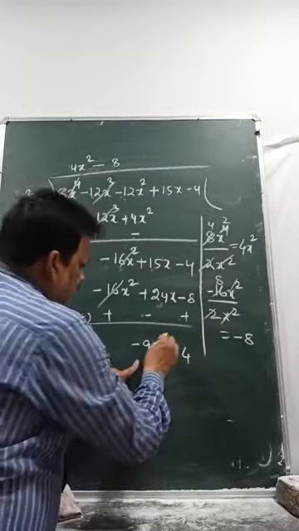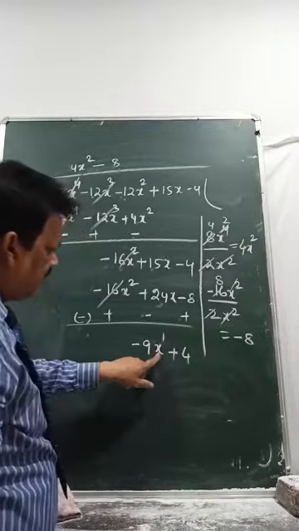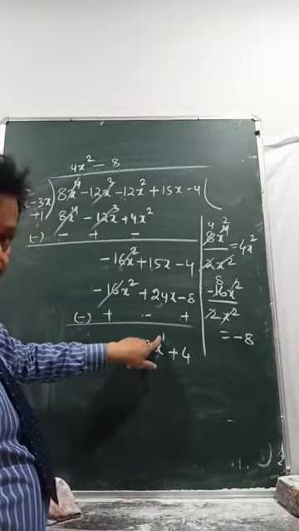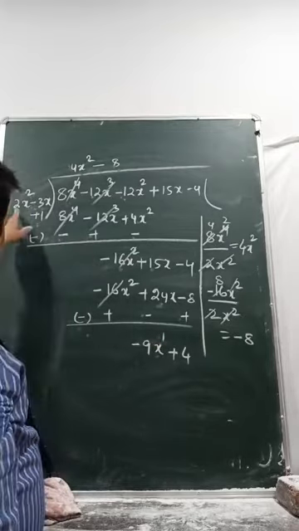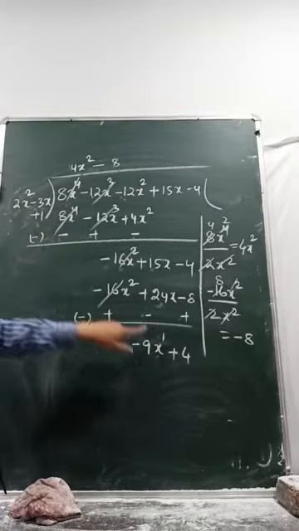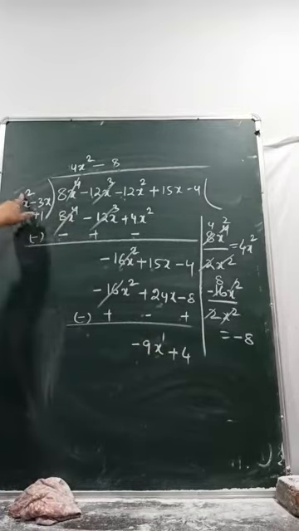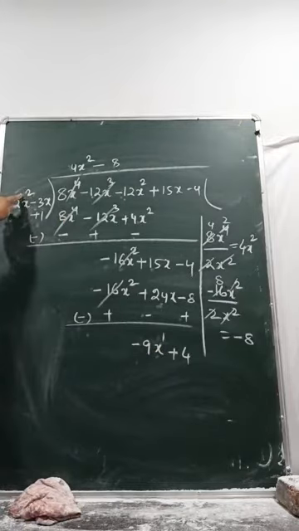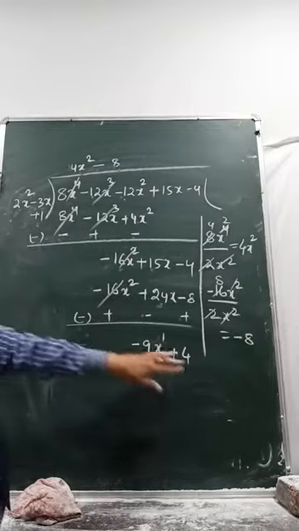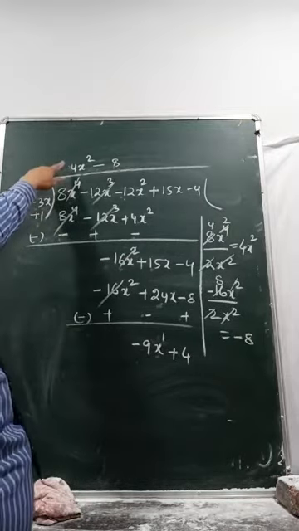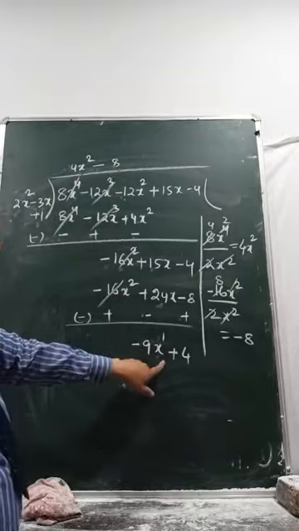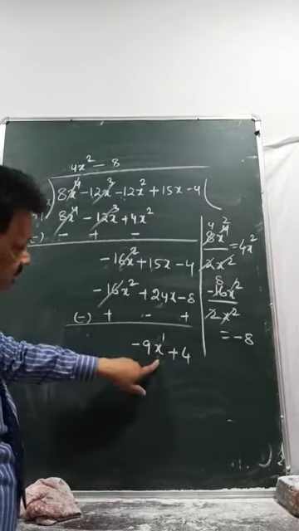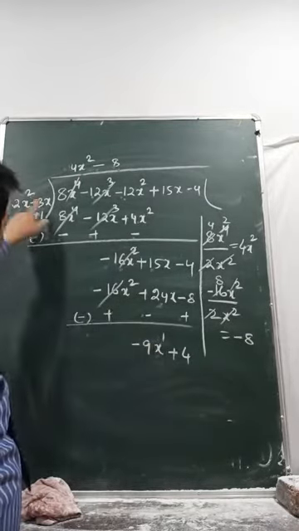Look at the degree here: the degree of r(x) is 1, and the degree of the divisor is 2. Since the degree of r(x) is smaller than the degree of the divisor, no more division is possible. So we have to stop the division here.